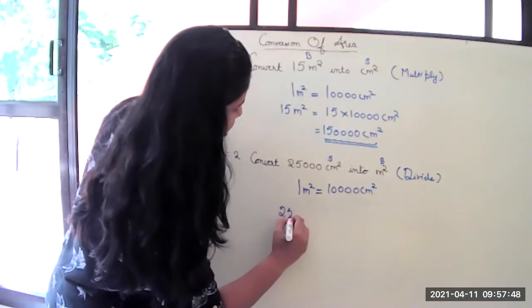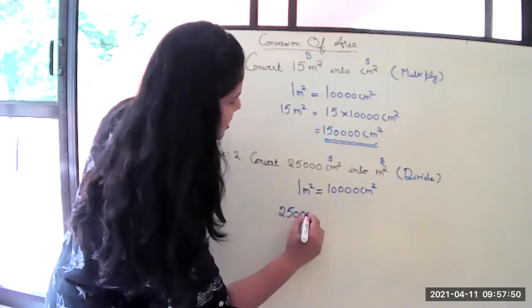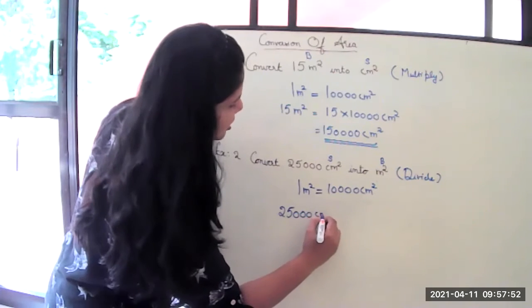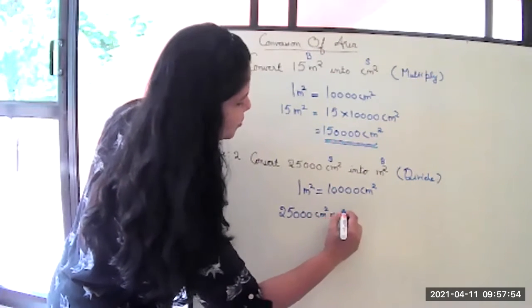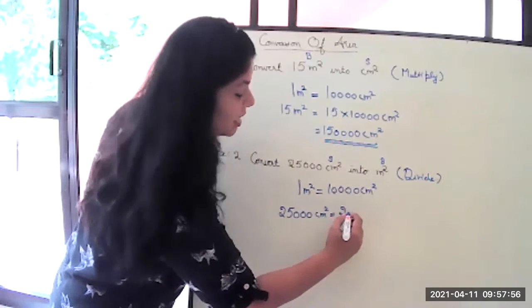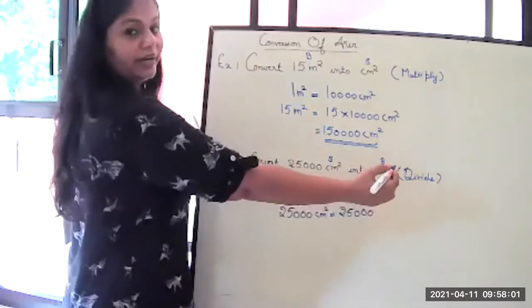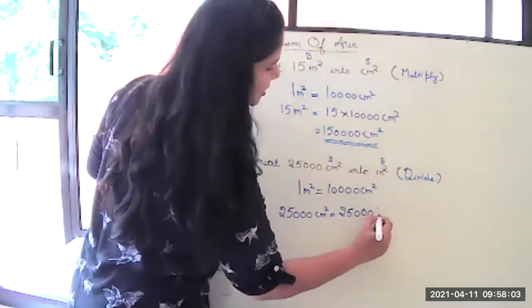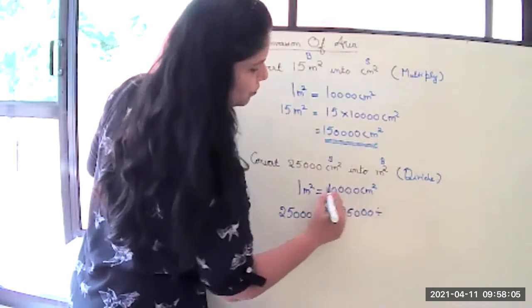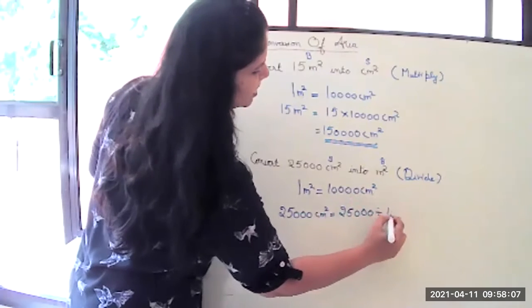Let's write our question 25,000 centimeter square. So we will write 25,000 as it is. Then, what is our sign? Division sign. Divide. And what should be divided? 10,000.